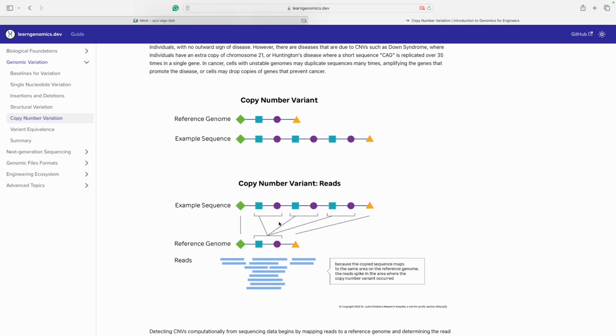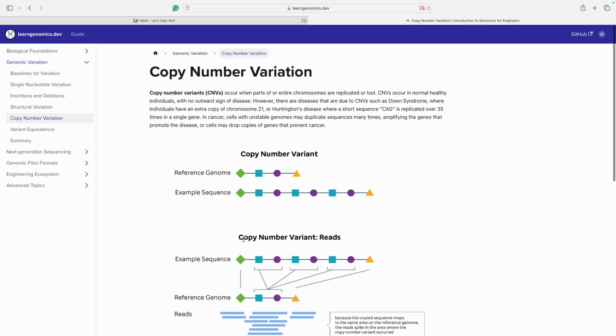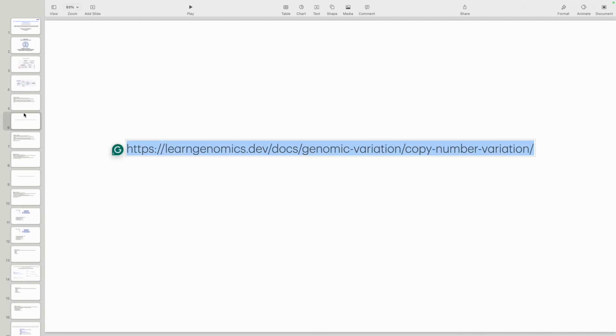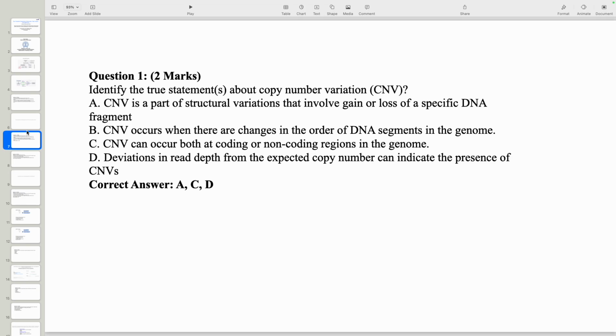So just go through the link, just read the manual. The correct answer for this question would be A, C and D. I hope this question is clear.